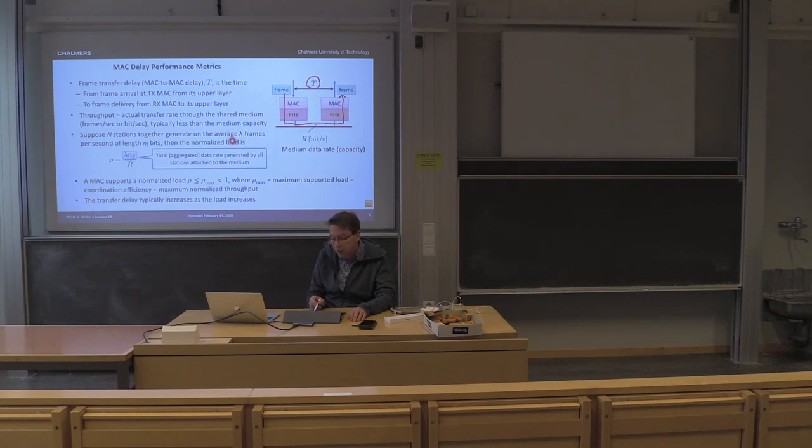Lambda is the number of frames per second of length NF bits. If the nodes together generate lambda frames per second, and each frame has NF bits, then the normalized load is lambda times NF divided by R.